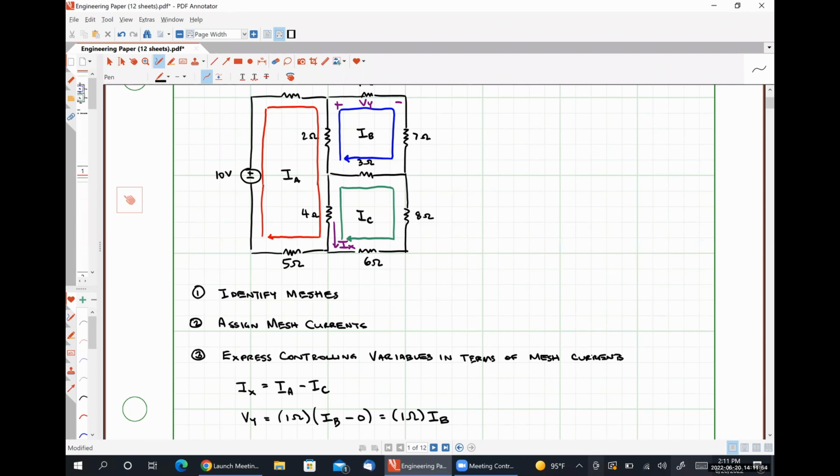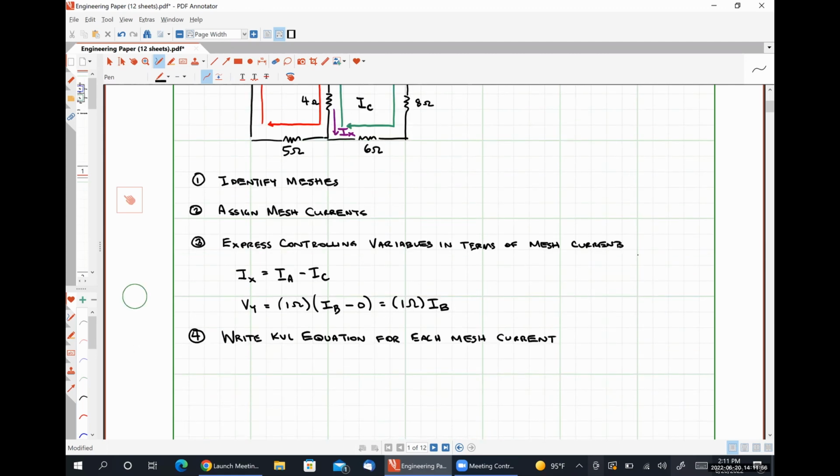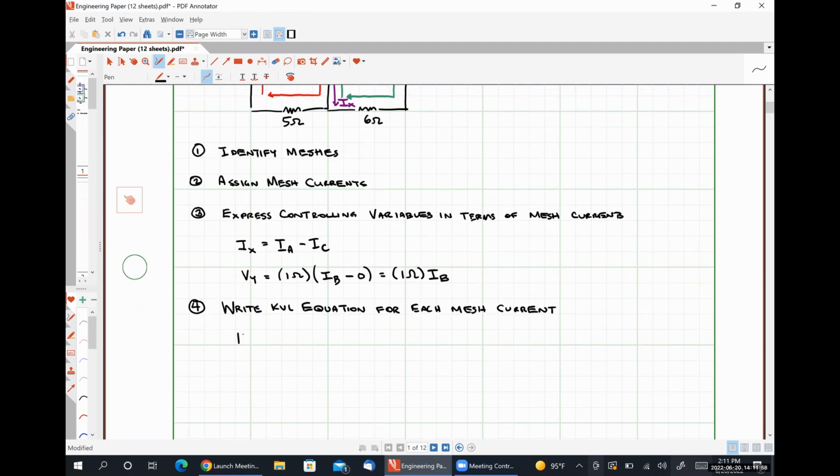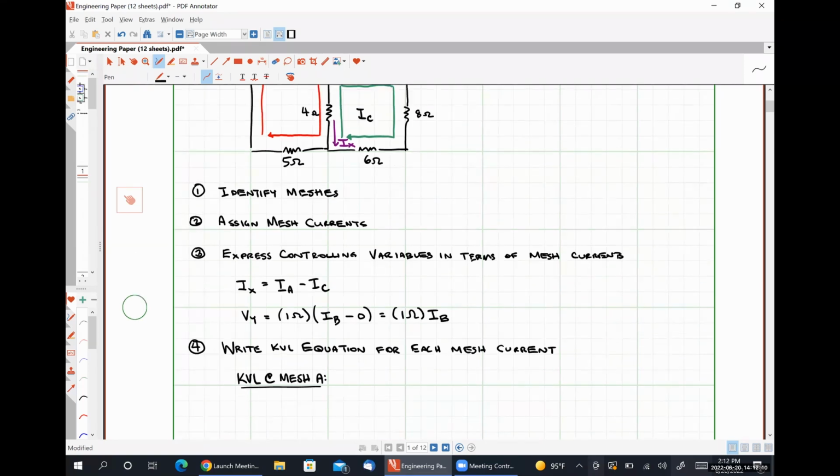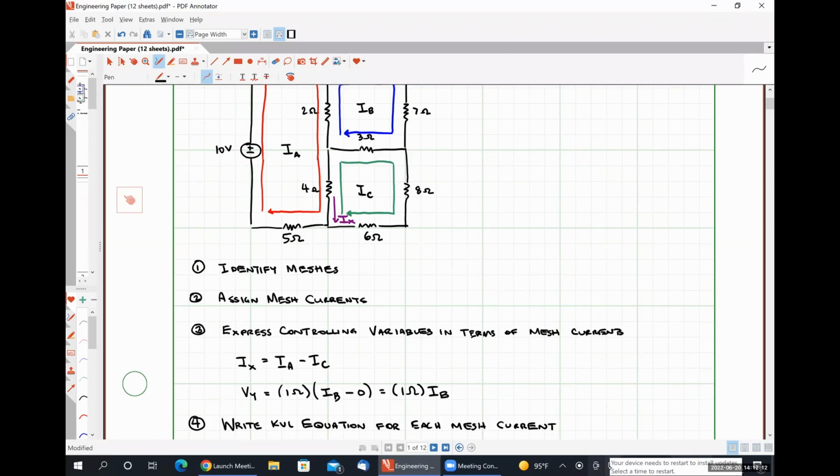So let's start by looking at mesh current IA. So KVL around mesh A. The first thing that we see, if we're starting from the bottom left-hand corner, is the negative polarity terminal of the 10-volt source.